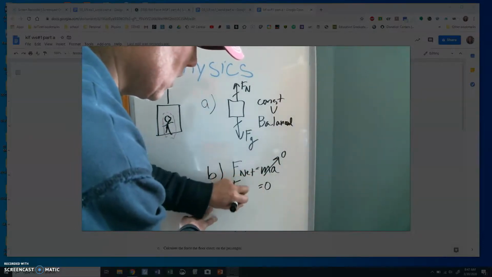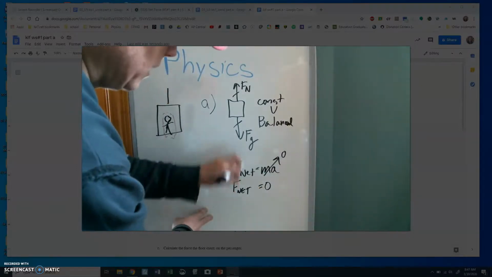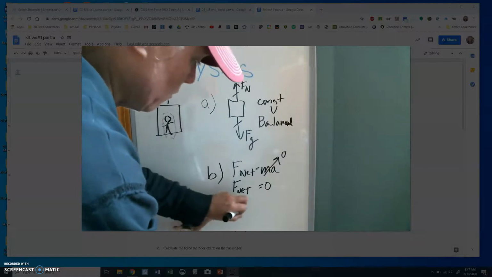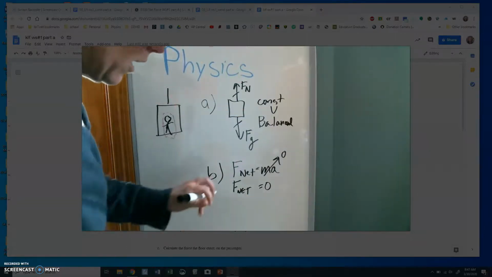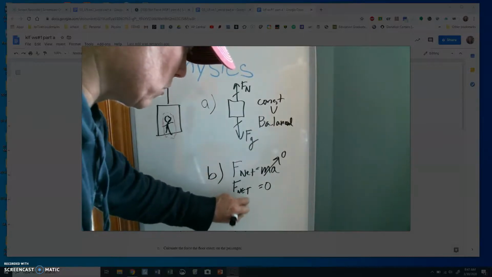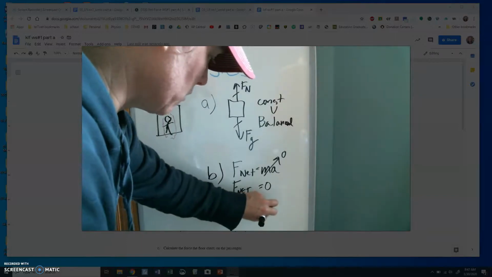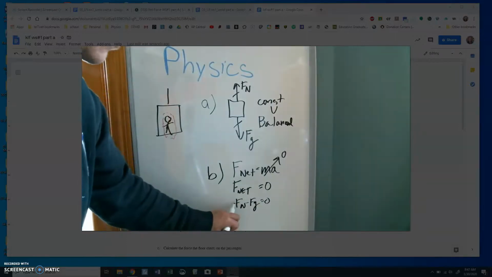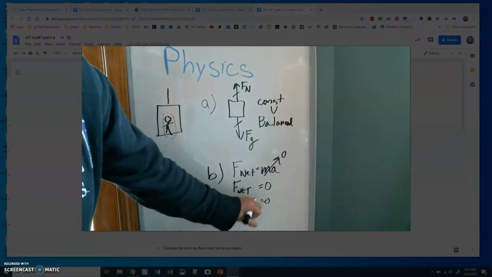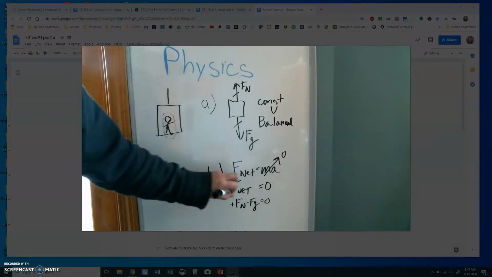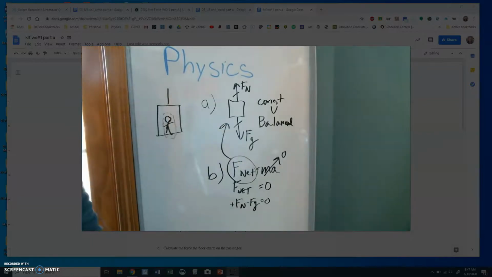Force net equals 0, right? That means my upward force equals my downward force. If there were more than 2 forces, this would be a little trickier, okay? So then I have force normal minus force of gravity equals 0. Force normal is positive because it's going up, and force gravity is negative because it's going down on the diagram. Remember, this comes from the diagram.